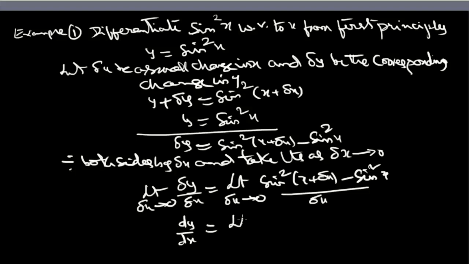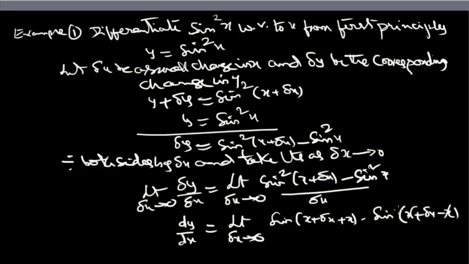Now we have to use a formula from trigonometry: sin squared A minus sin squared B can be written as sin of A plus B into sin of A minus B. Here A is x plus delta x, B is x. Sin of A plus B into sin of A minus B: sin of x plus delta x minus x. Here x and x cancel. Denominator as it is, delta x is there.